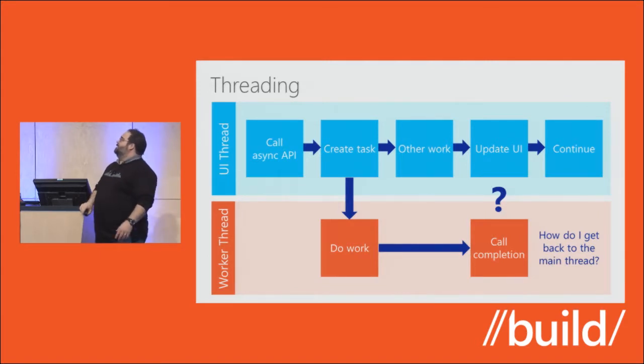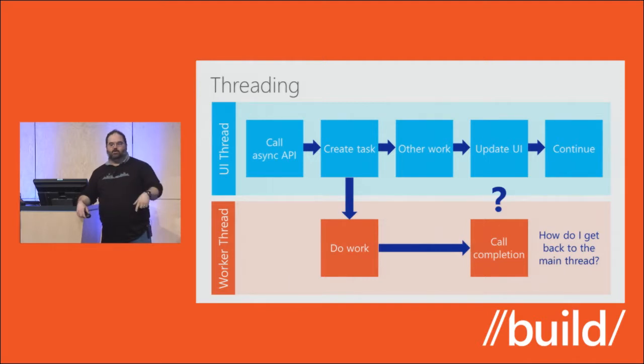So to give you an idea, more in pictures than in words, we've got a couple of swim lanes in here, and the swim lanes each represent a thread in the process. You've got the UI thread up on top in blue and the worker thread in orange. Up top, you're going to call some asynchronous API. As it moves to the right, it's going to create a task, which is some of that code from a couple of slides ago.